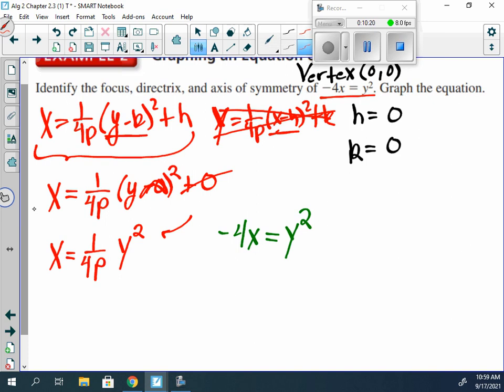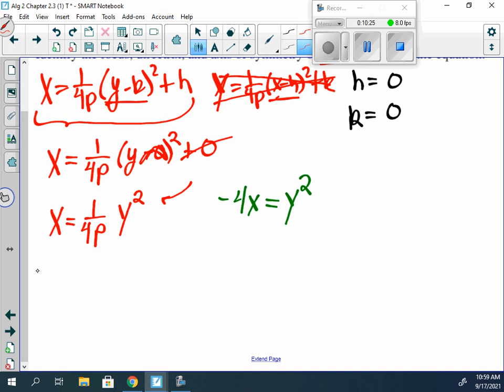Okay, so we want to find the focus, directrix, and axis of symmetry. Well, we know that we're using the equation that has x equals, yes? The focus is h plus p comma k, yes? The directrix is x is equal to h minus p, and the axis of symmetry is y is equal to k, yes?